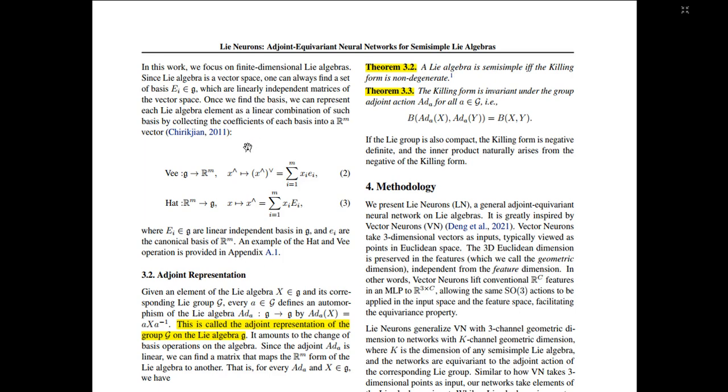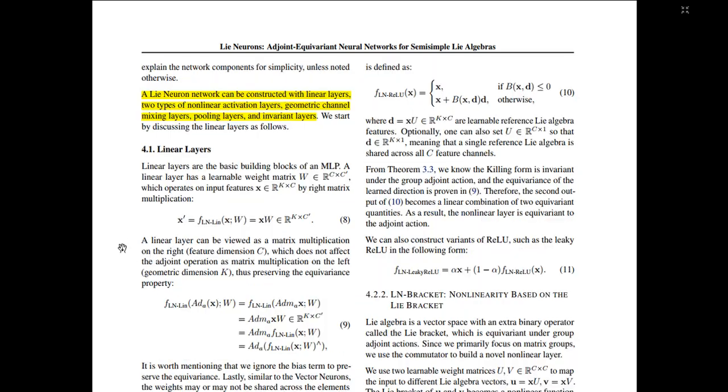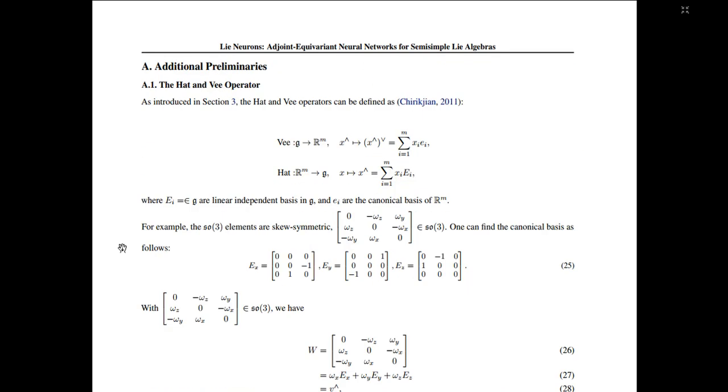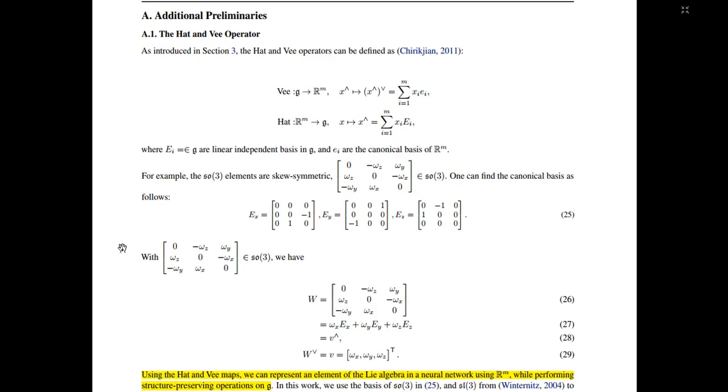So they define some operations, which they call V and hat, to take elements from the Lie algebra and represent them in a vector space like Rn, and the hat does the inverse. So in the appendix you can see how these V and hat behave as an example.